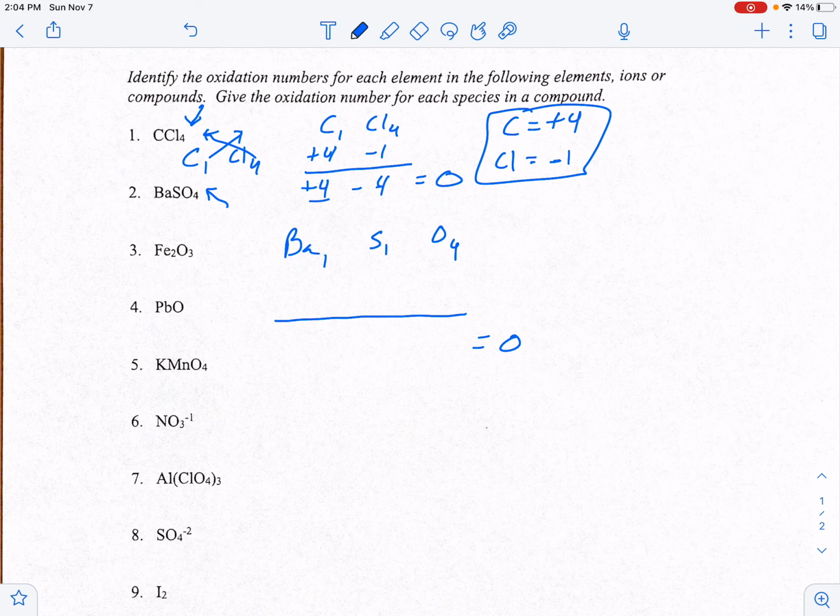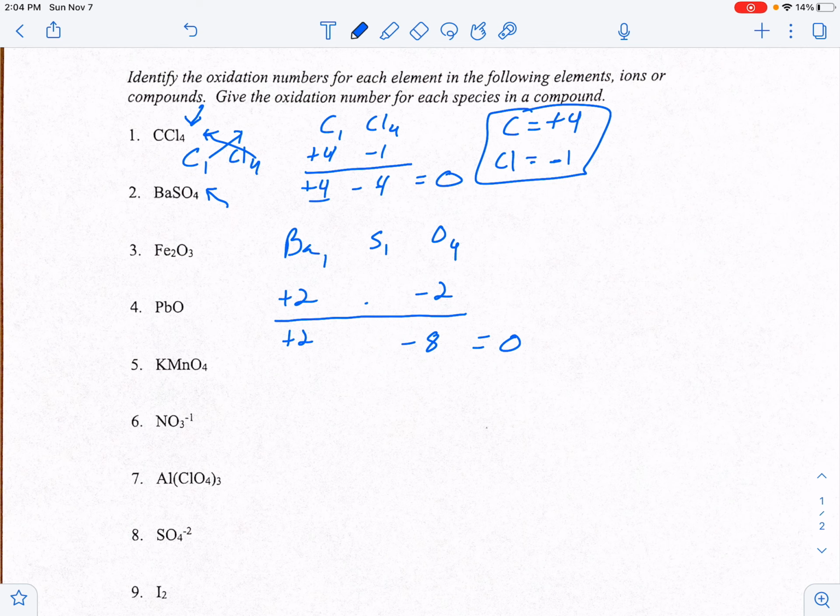Remember, our first step would be to look at oxygen. Oxygen has a charge of -2, and I have 4 of them, so that equals a total of -8. Then your next step would be to go to your metal, and that would be barium. Barium has a charge of +2, and since there's only 1 of them, 1 times +2 would be +2.